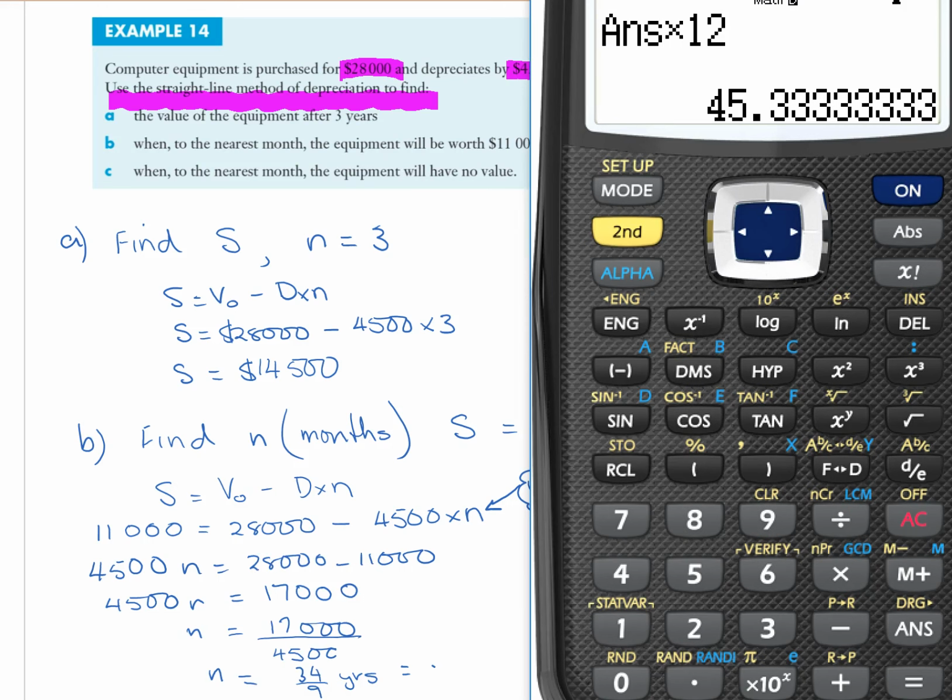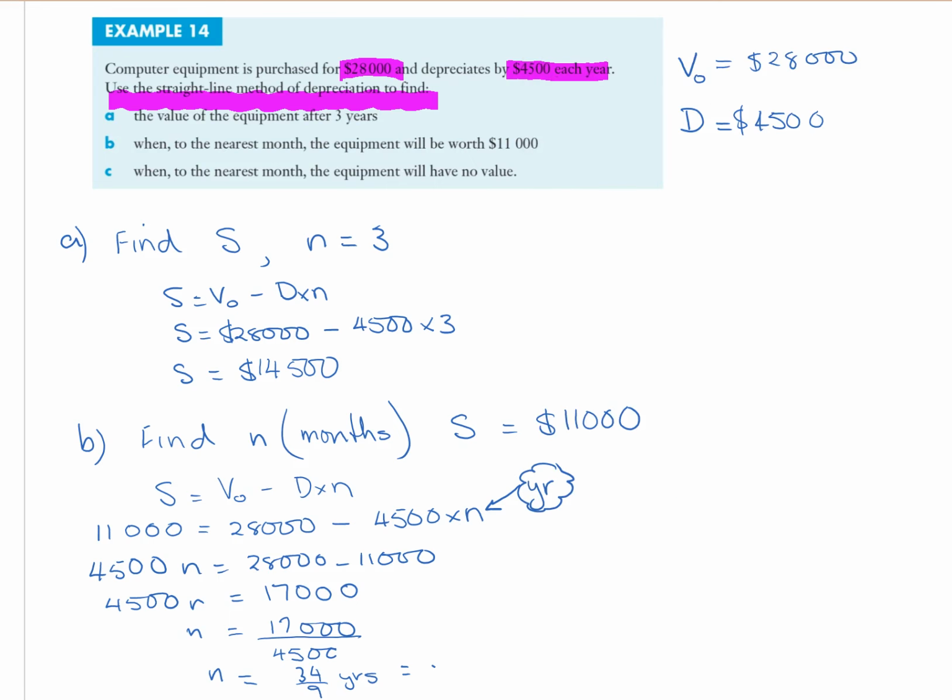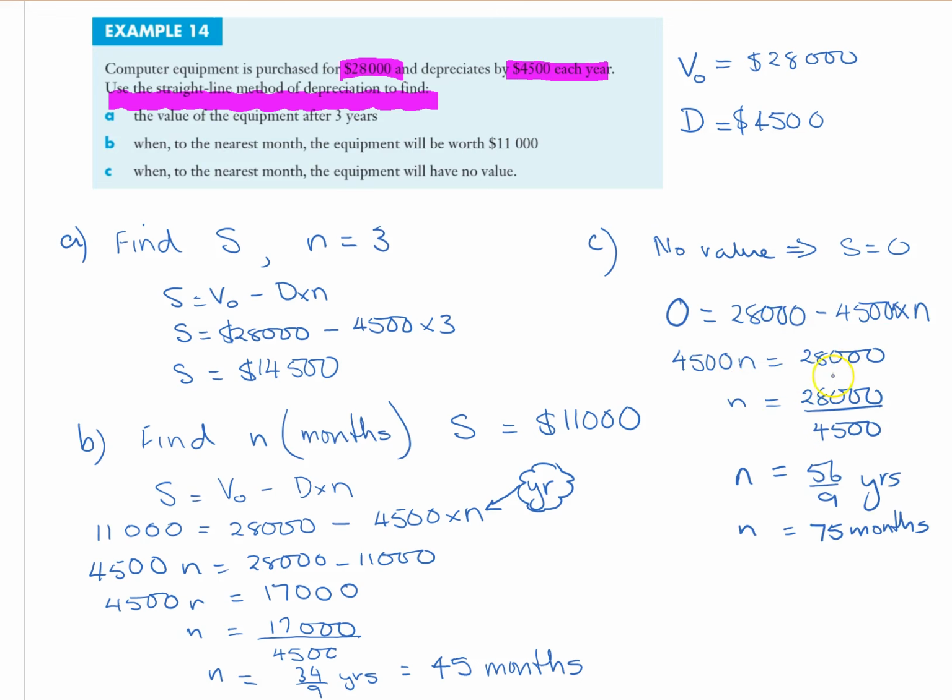So you can see there, yeah, we're getting 45 and a third, and to the nearest month, that would be 45 months. 1/3's less than half, so we drop back. And in part C, they want to know when the item has no value. That's S is equal to 0. So you can see there that I have solved this equation equal to 0, got my answer in years and converted it to months.